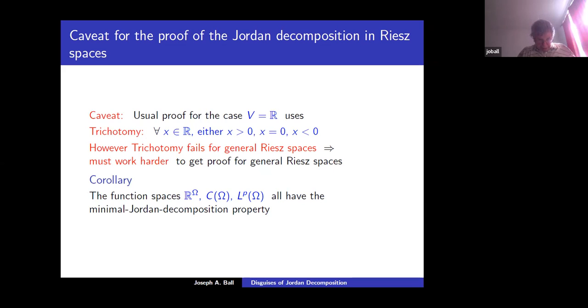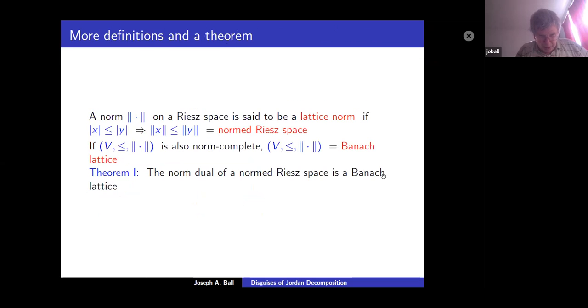So the corollary is that all these spaces, R^omega, C(omega), L^p(omega), have this minimal Jordan decomposition property. I was on page 6, if you're following. Now I'm going to page 7.